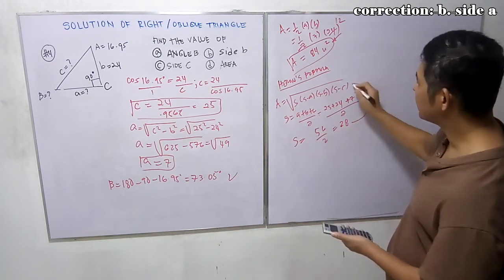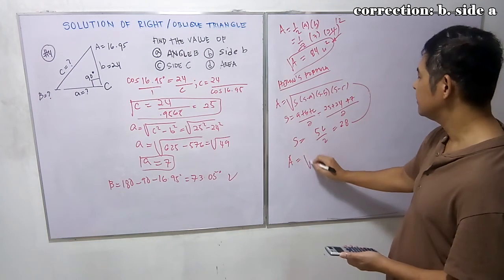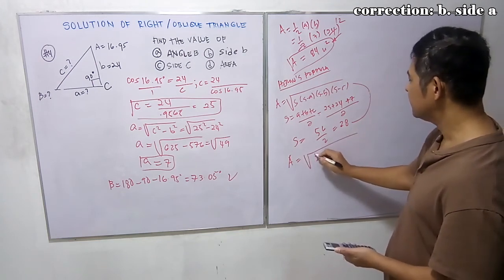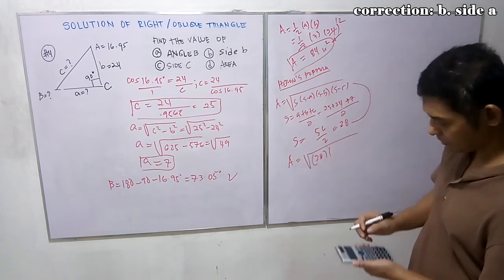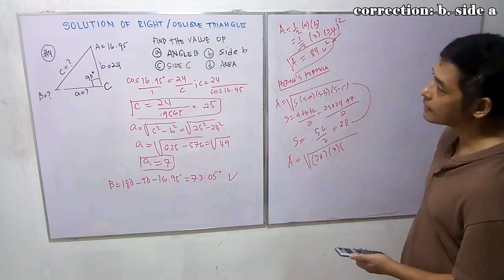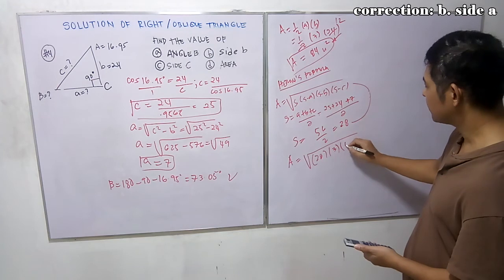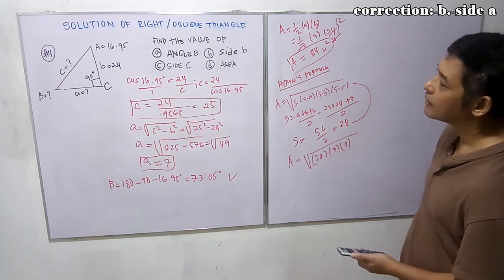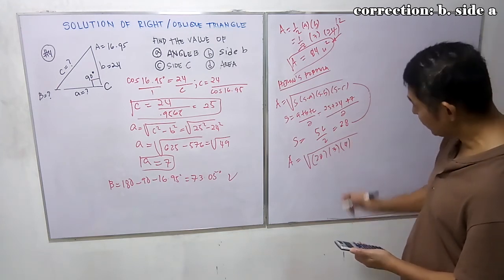Therefore, papasok lang natin doon. Area equals to square root of 28 times, 28 minus 25 is 3, 28 minus 24 is 4, and 28 minus 7 is 21.